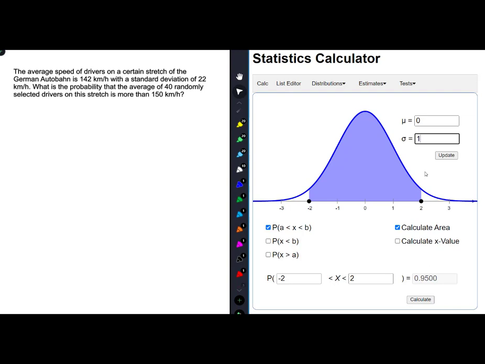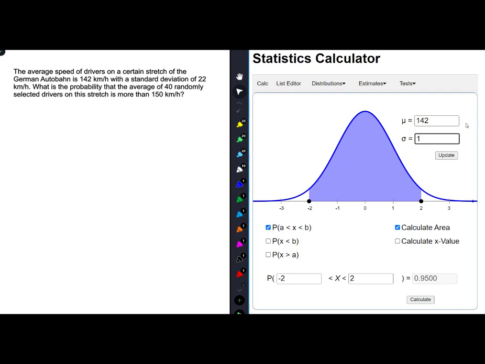However, using the central limit theorem, because we're using a large sample, that tells us that our sampling distribution would be normal. So we're going to calculate probabilities based off this sampling distribution. Well, the sampling distribution would have a mean that's the same as the mean of the original population. So 142, we leave that alone.